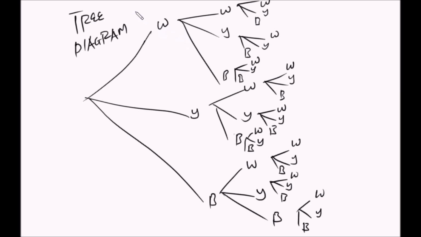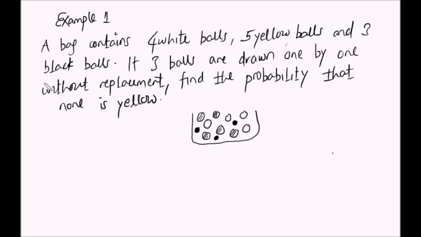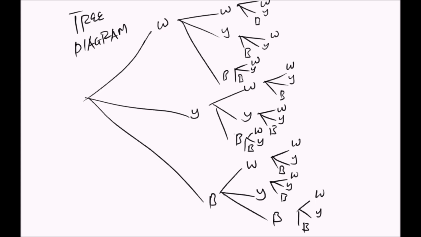So let's write our sample space hapa. So our first element ni ipi? Our first element ni white, white, white. Afu nakuja white, white, yellow wa pili, and then white, white, black wa tatu. So then atakuja white, yellow, white, white, yellow, yellow, white, yellow, black, hivyo.